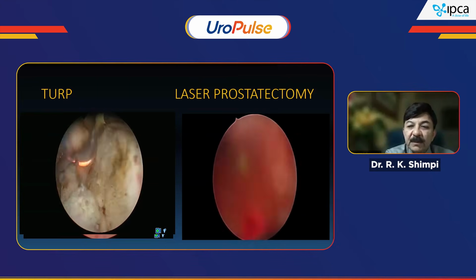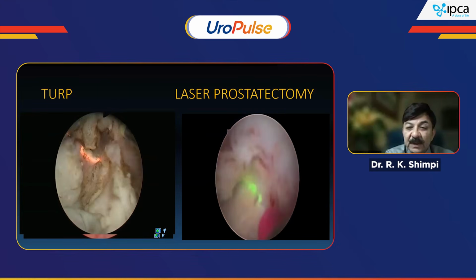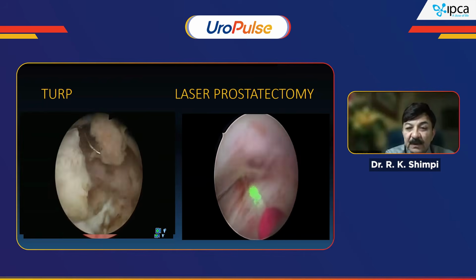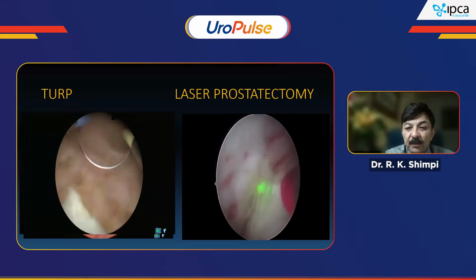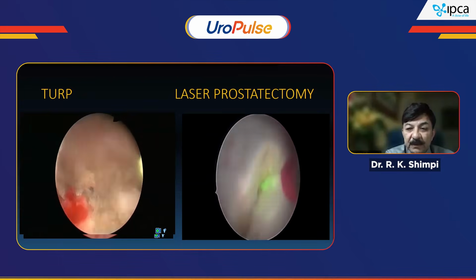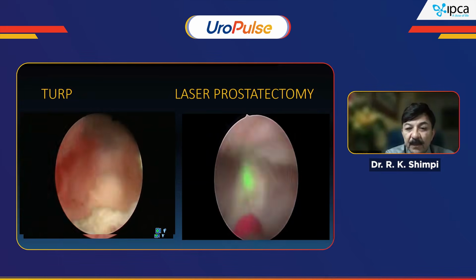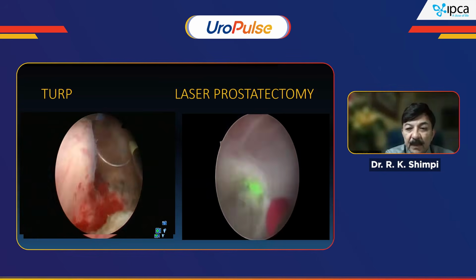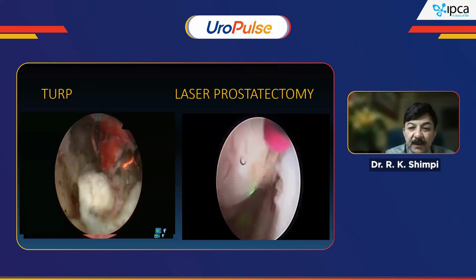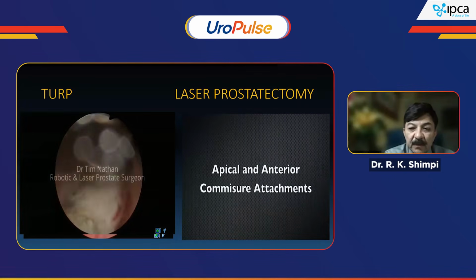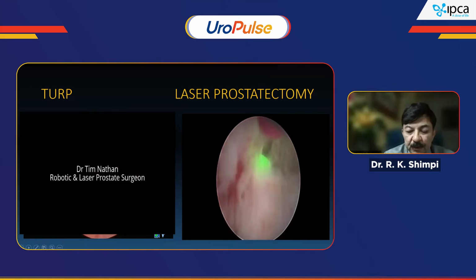Here with the laser, the bleeding is very less unless you open the sinuses. This is how we enucleate the prostatic lobe with the help of the laser fiber. And then it is pushed back into the bladder, and with the help of the morcellator, you remove the prostatic tissue.